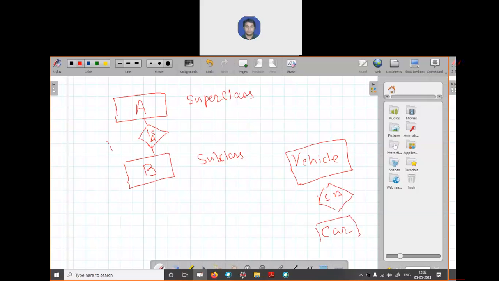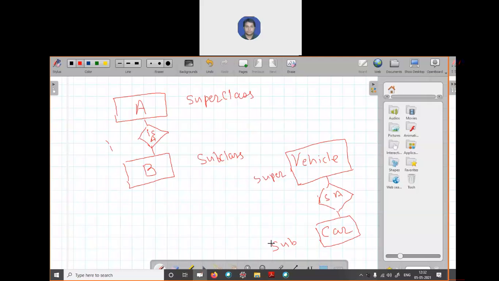Car and vehicle are both entity types, and these entities are sharing an is-a relationship. So car is a vehicle. Car is a subclass, and vehicle is a superclass.